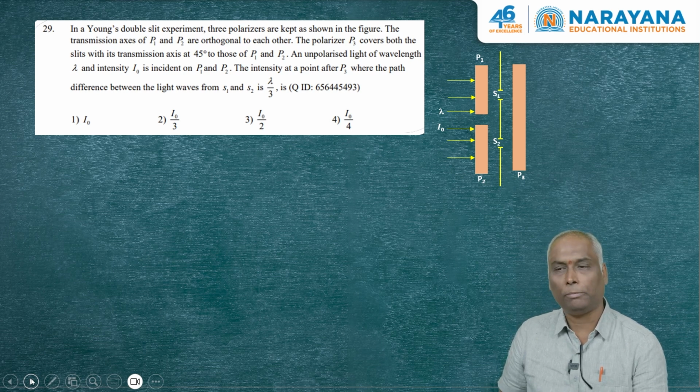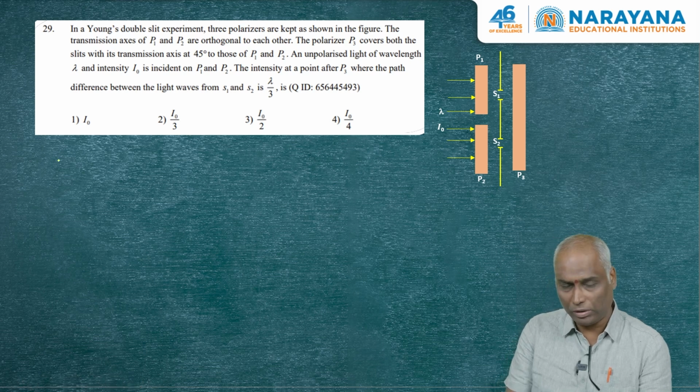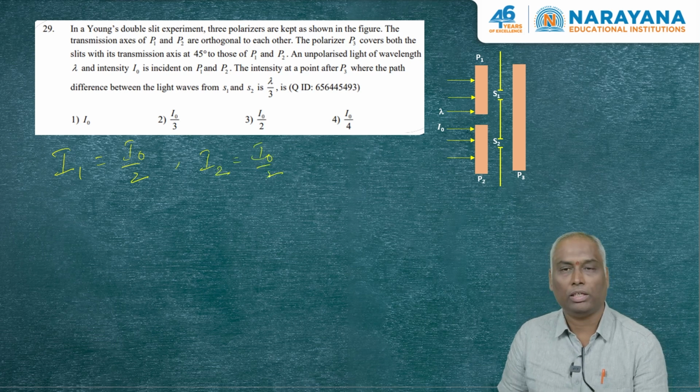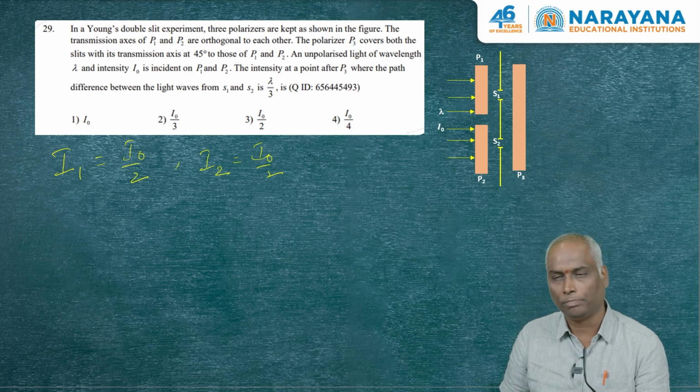Because P1 and P2 are two polarizers and the light incident on them is I naught, the unpolarized light when it is incident, the polarized light coming out from either P1 or P2 will have an intensity equal to I naught by 2, because I naught is the intensity of light which is incident on both of them.